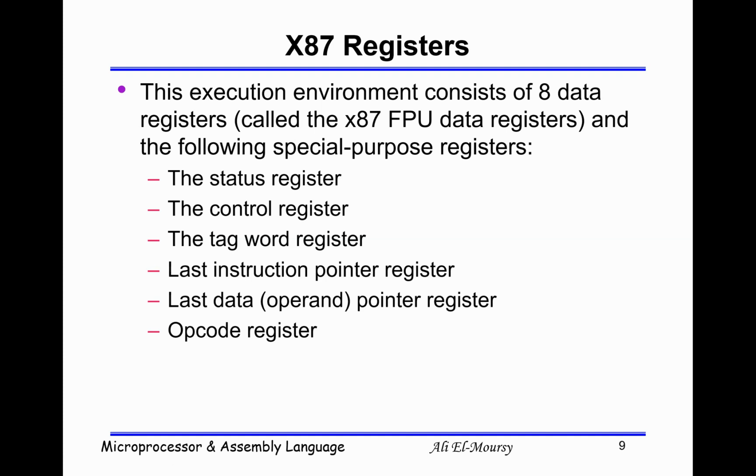The control register is kind of a new register that does not exist in what we have learned in the x86, and this register allows some configuration for the x87. We will see what kind of configuration we want to do for the x87 in the following slides.